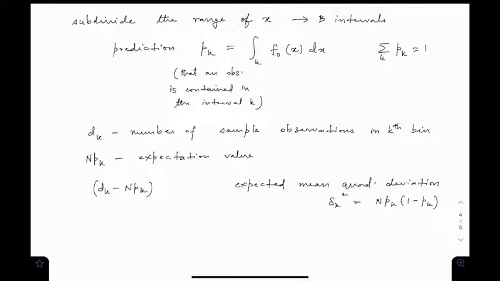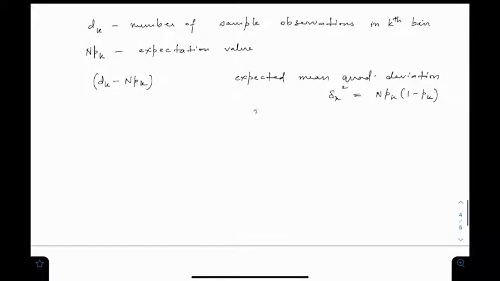Usually the observations are distributed in typically 10 to 50 bins, so the probabilities pk are small compared to unity, and we can omit the expression in the bracket. For small pk, delta k square is simply n times pk. Now we can normalize the observed to expected mean quadratic deviation.